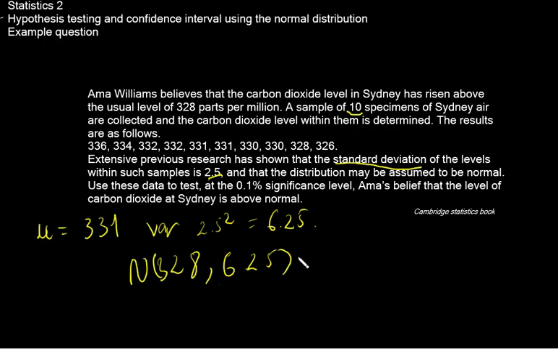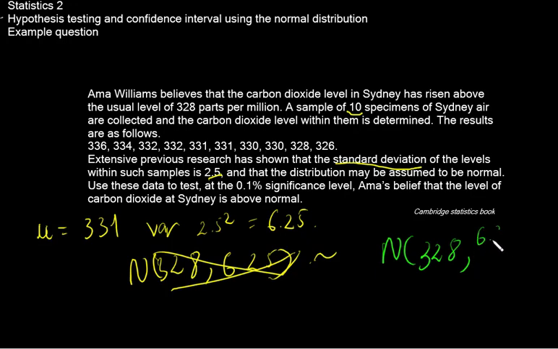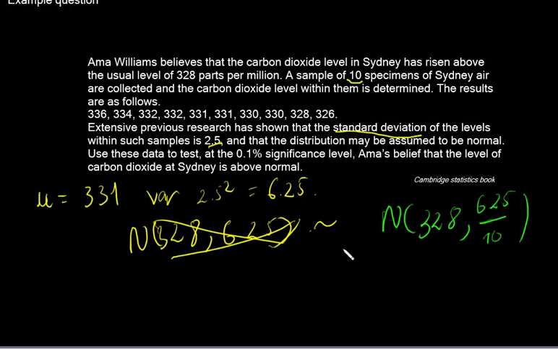So this is the mean, and the variance is not 6.25, but rather, this is not right, the correct one is the normal distribution of 328, with variance 6.25 over 10. Right, so that's the variance.